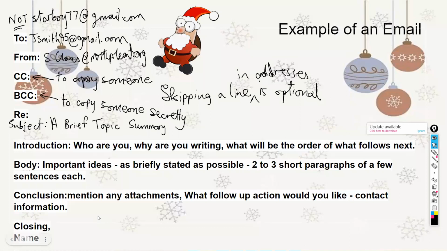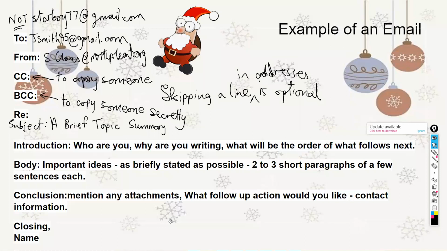You're just hinting at it. We don't really want to say, first I will tell you about the requirements of the job. Next, I will inform you about, you just want to say it briefly. So the following contains details about the requirements and procedures. The email is so short that if you're too wordy with that, it will stand out in the reader's mind as an example of wordiness.